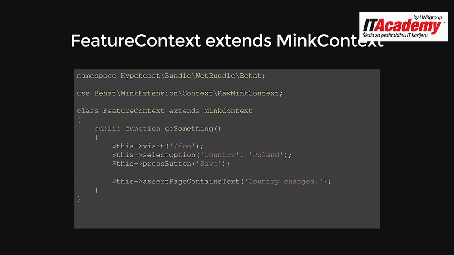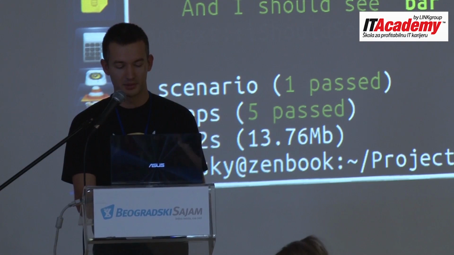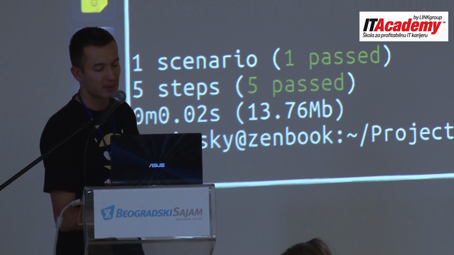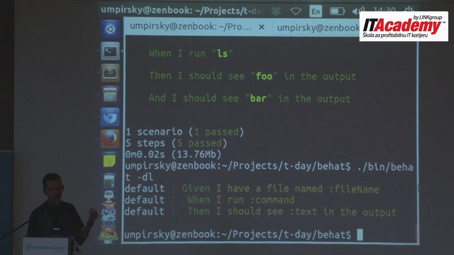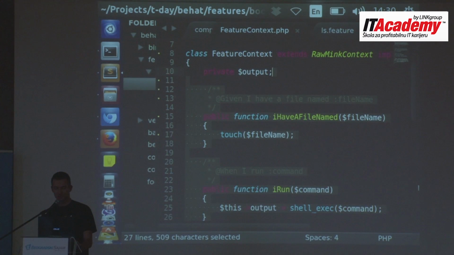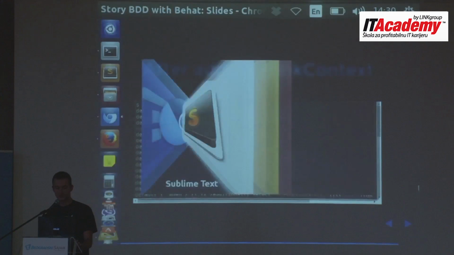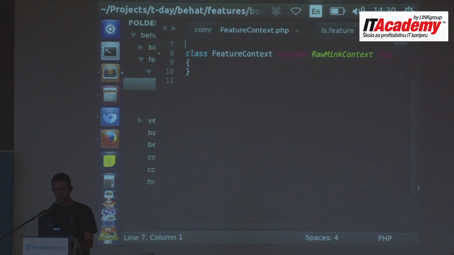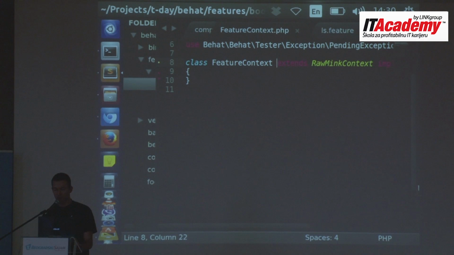So currently, if I run bin/behat -dl, which is the definition list, the steps that we already have defined, I will see these three steps that I defined for the ls command. But if I remove that, I will have nothing. But let's just tweak our code and say, I don't want to extend the raw Mink context, but just the Mink context.